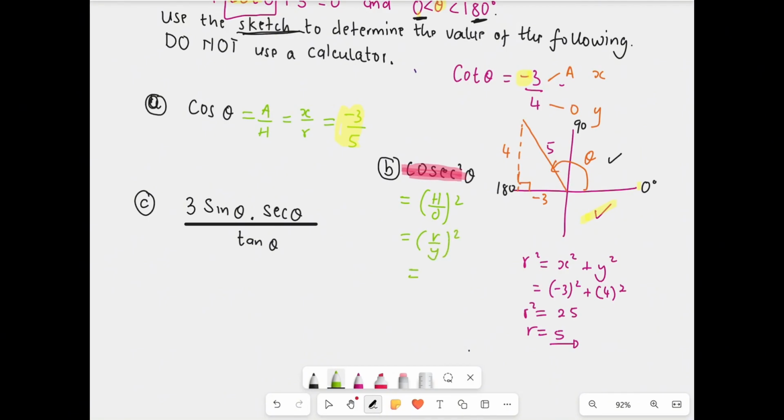So this is equal to, now what is our r? Our r is 5. What is our y? Our y is 4, all squared. So the answer is 25 over 16. The answer here will be 25 over 16.